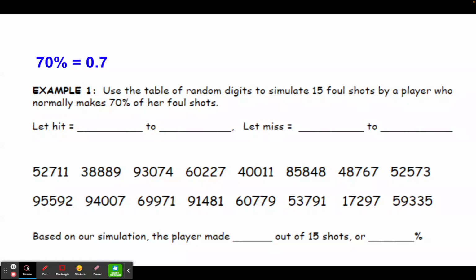If we list all the possible single digit numbers from 0 to 9, you can see there are 10 possible digits. I need to divide those digits into groups of 70 and 30 because she has a 70% chance of being successful, which means a 30% chance of failure.